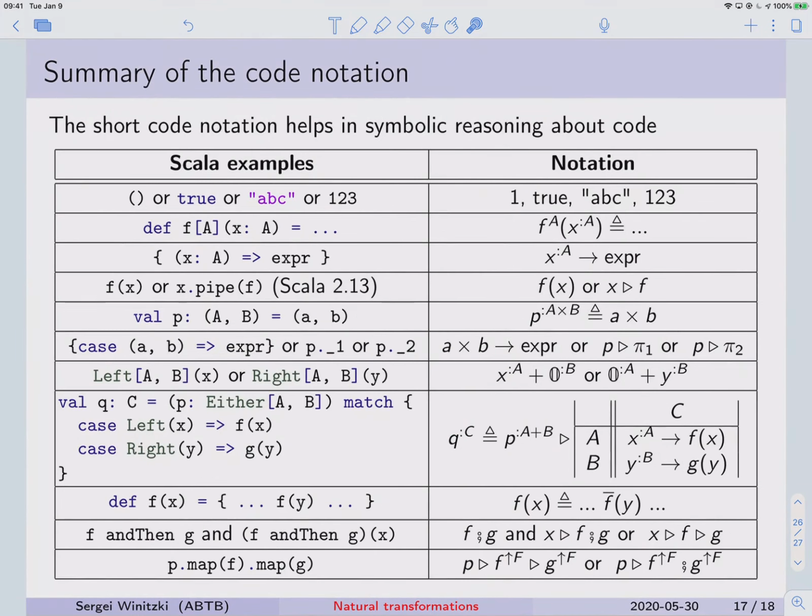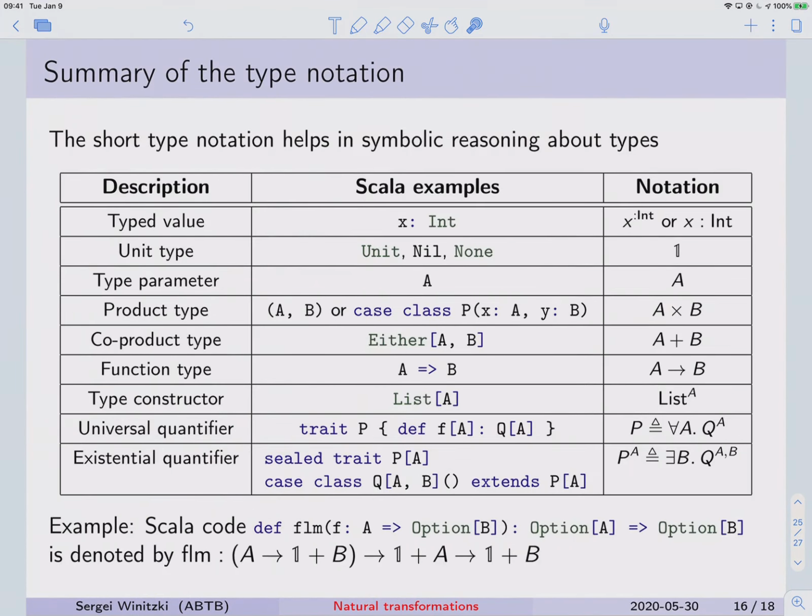So before I conclude, I want to give a summary of the type notation and the code notation. So this is the notation I'm using in my current book. The notation has been checked against many examples and it has proved to be very useful.